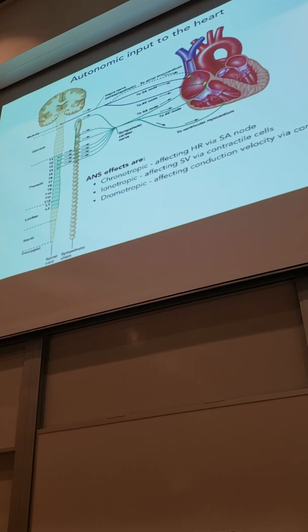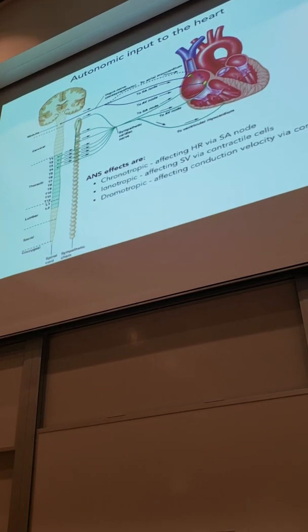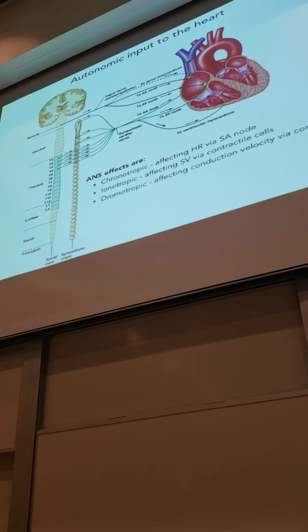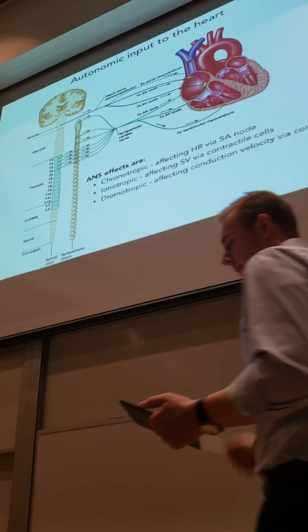If you look just from the top, we can see that the parasympathetic nervous system is going to innervate and supply nervous signals to the nodal cells, AV node, SA node, right?